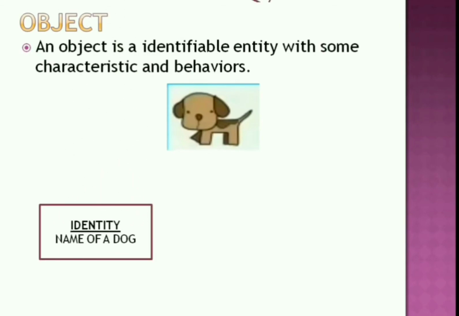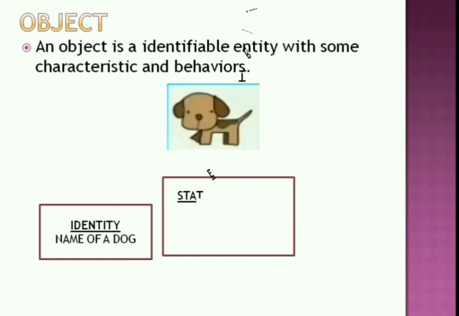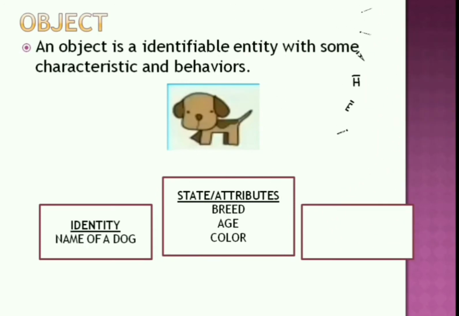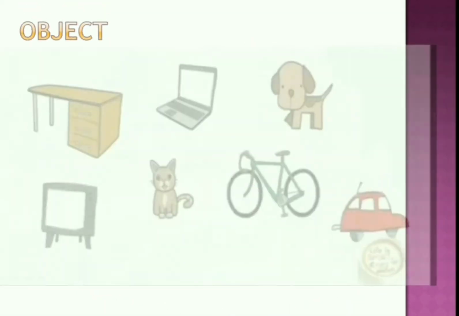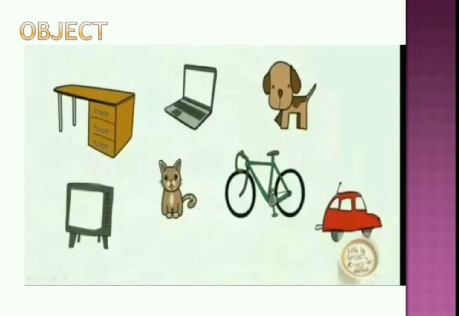The identity is the name of the dog. The state it can hold is breed, age and color, and the behavior of the dog is bark, sleep and eat. This is the real world object example. You can have a look. Some more examples of an object are laptop, cat, etc.